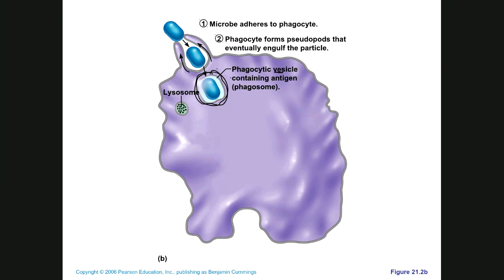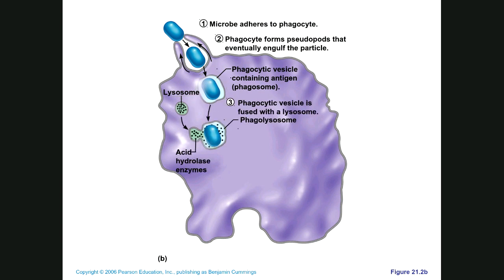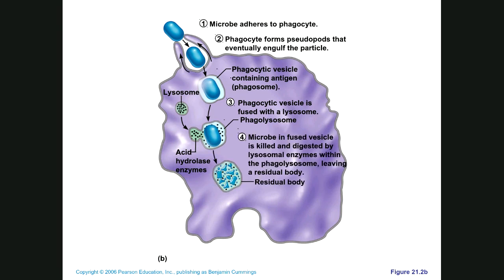And then what's going to happen is we're going to take a lysosome. And if you remember lysosomes from general biology, they have enzymes in them, hydrolytic enzymes. And remember, hydrolytic means they break things apart. So we're going to combine these two together. And what's going to happen is the enzymes are going to chop it up. Well, when you chop something up like that, you kill it.